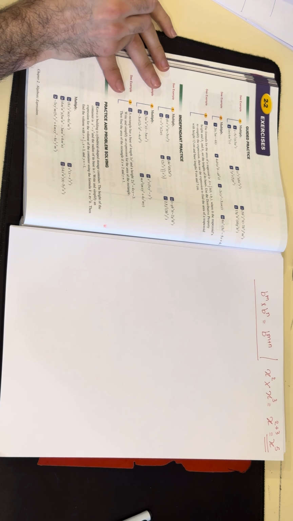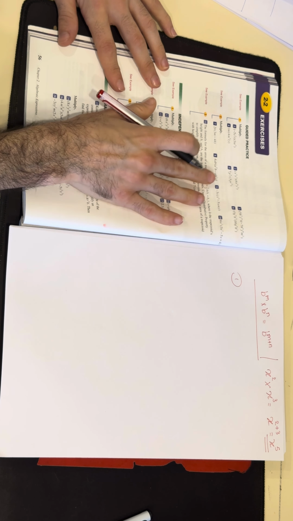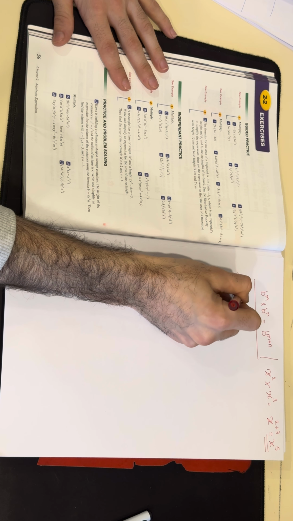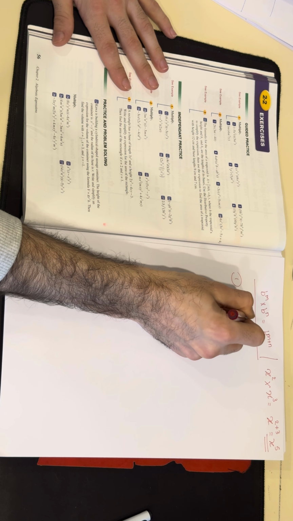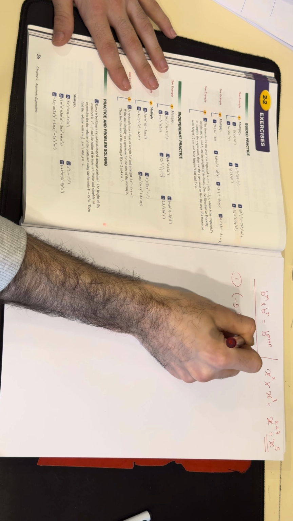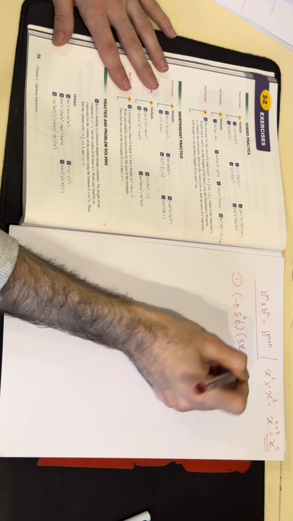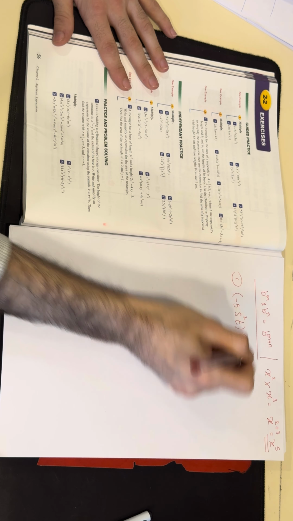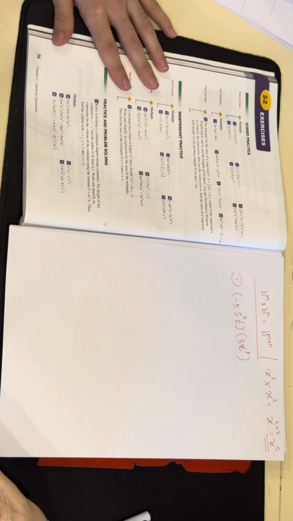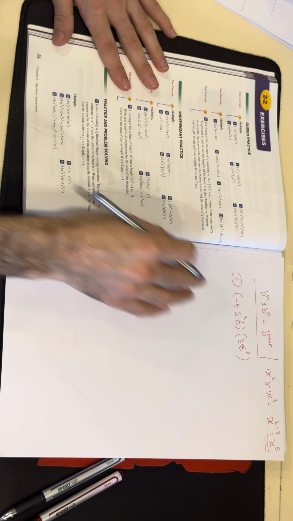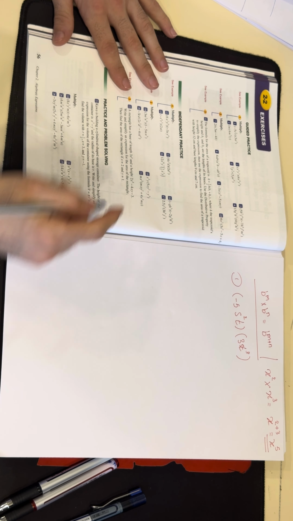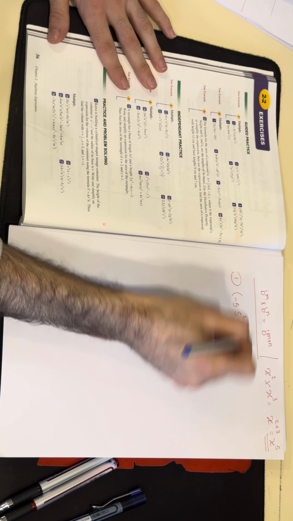Now if we take a look at the first question, it's negative 5 s power 2 t, times 3 s t power 3. What I'm going to do is just multiply them. I'm going to multiply coefficient by coefficient.